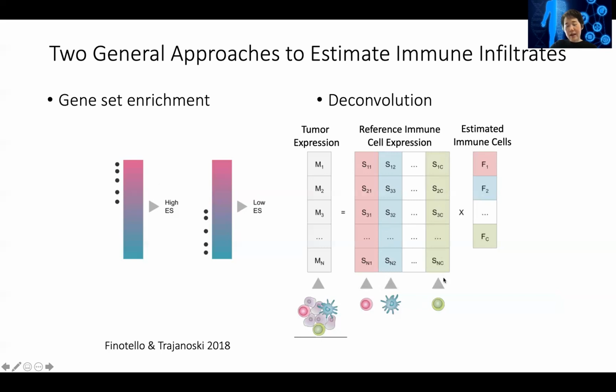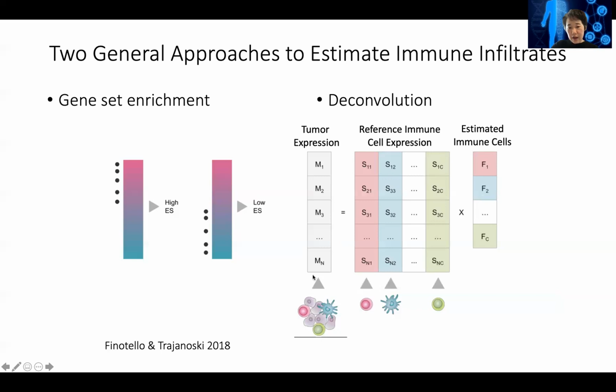And the same for T cells or B cells. You can either use all the genes, or usually people pick out maybe tens or hundreds of genes that are uniquely expressed in those immune cells, and then do immune deconvolution.